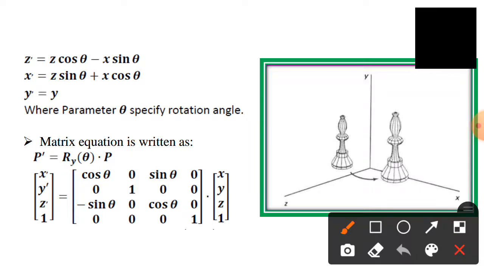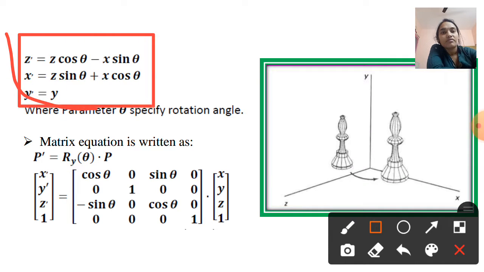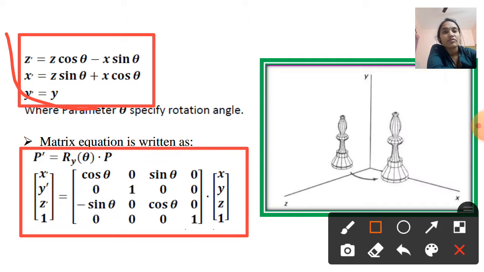So all these equations which we can find out, remember them, and also remember the matrix formation equation.